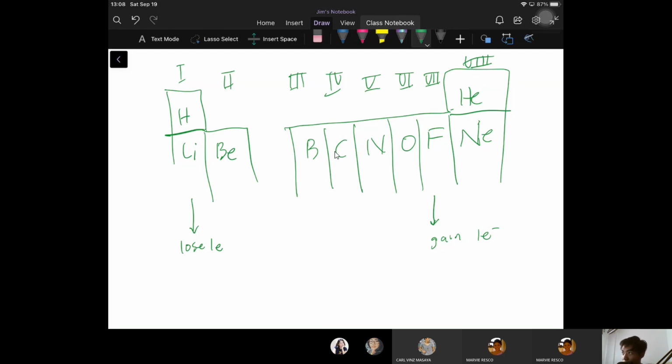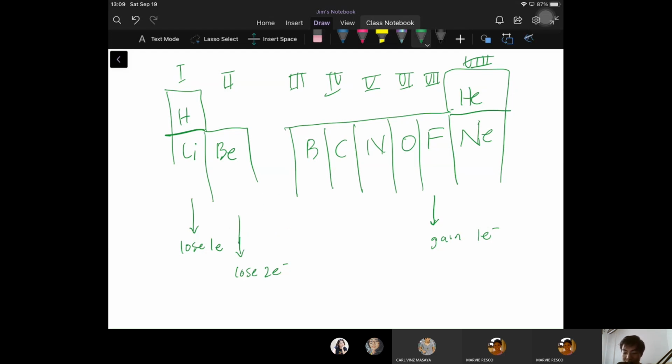So, 1, 2, 3, 4, 5, 6. So, dalawa yung option niya. Accept 6 or lose 2 para maging noble gas. So, sino mas less effort? Yung lose 2 electrons. So, ito yung pipiliin niya, no? So, it will lose 2 electrons instead of accepting 6, no?